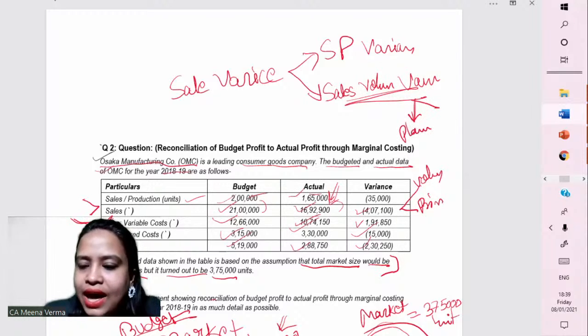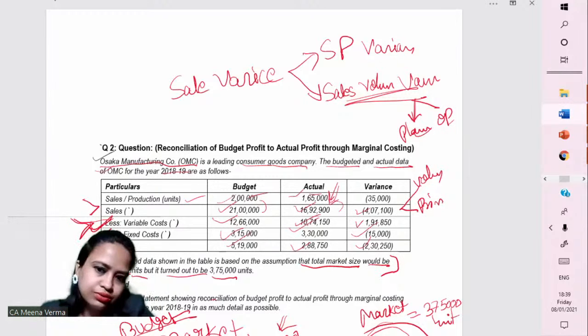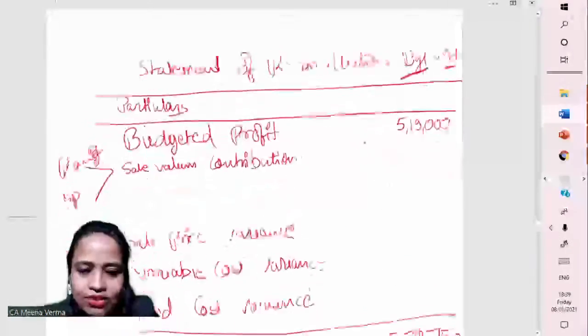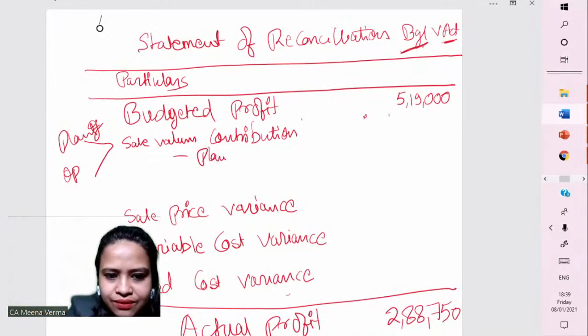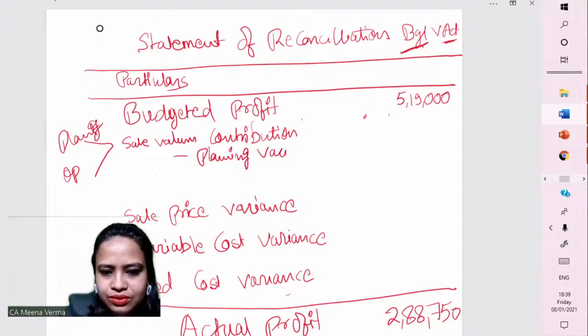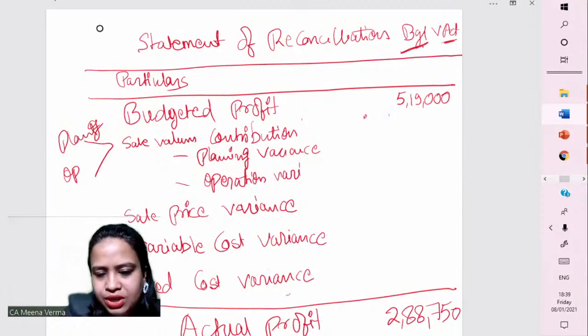Planning variance and operation variance. And I have all the information needed to find these three variances. So I will find the planning variance, and I will find the operation variance.